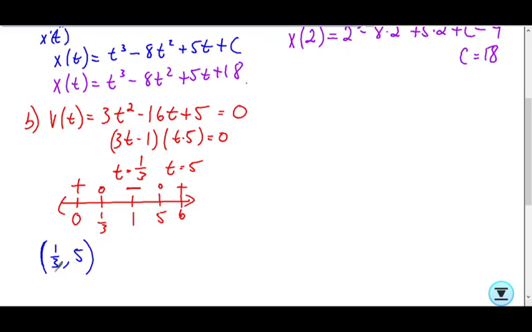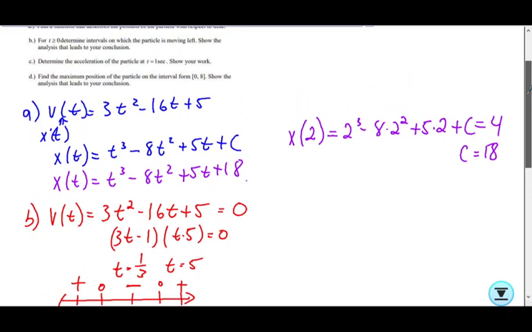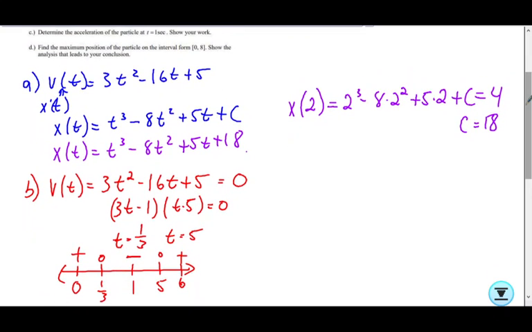Part C says, determine the acceleration of the particle at time equals 1 second. So part C. Well, we know velocity is this.